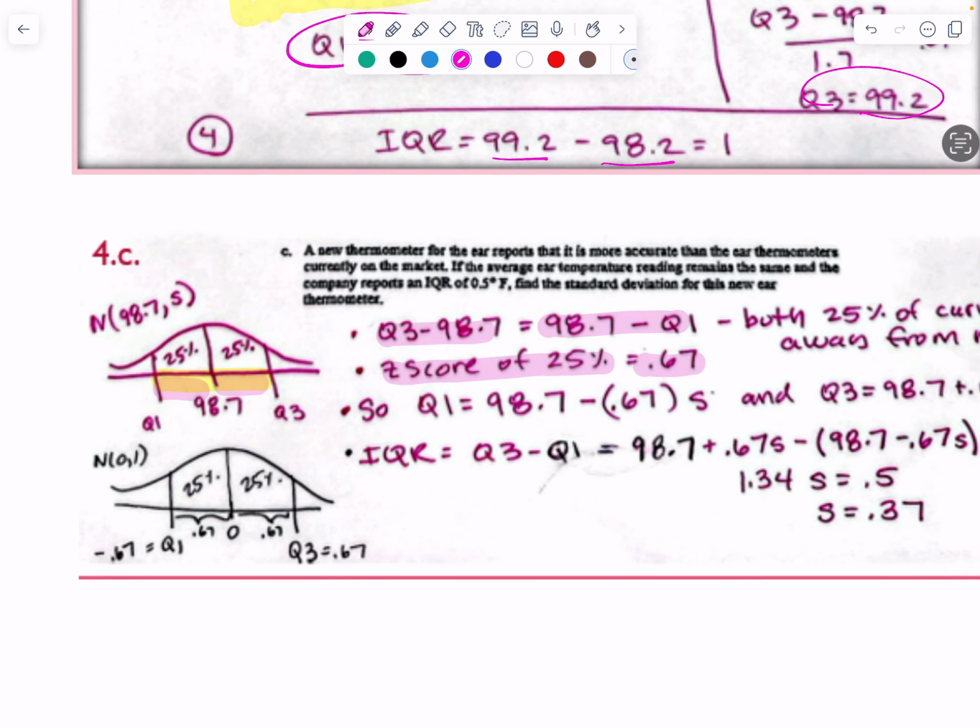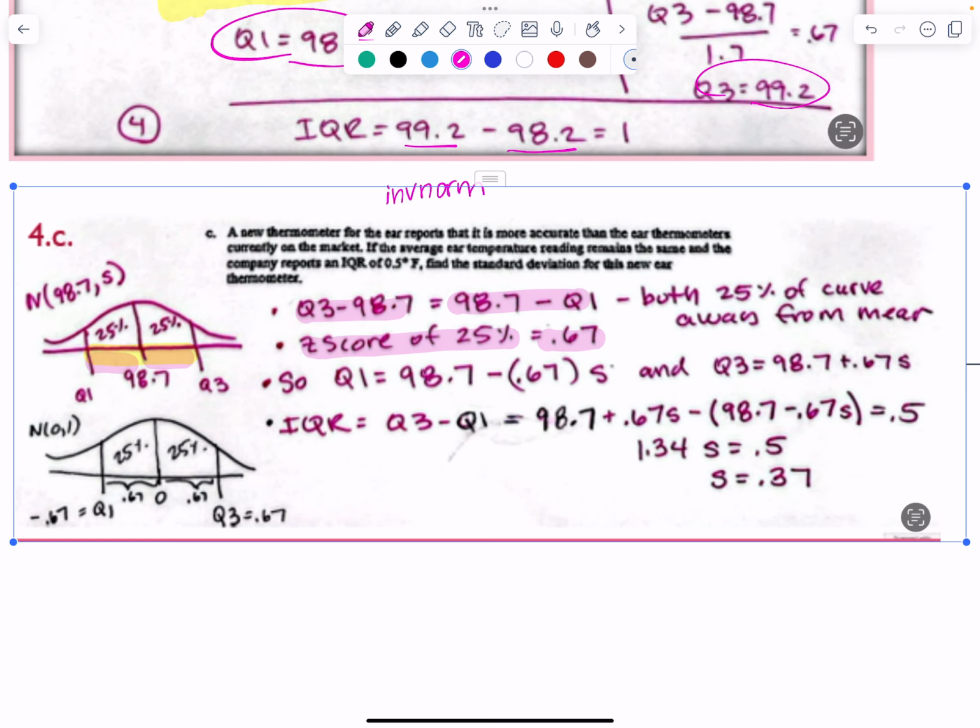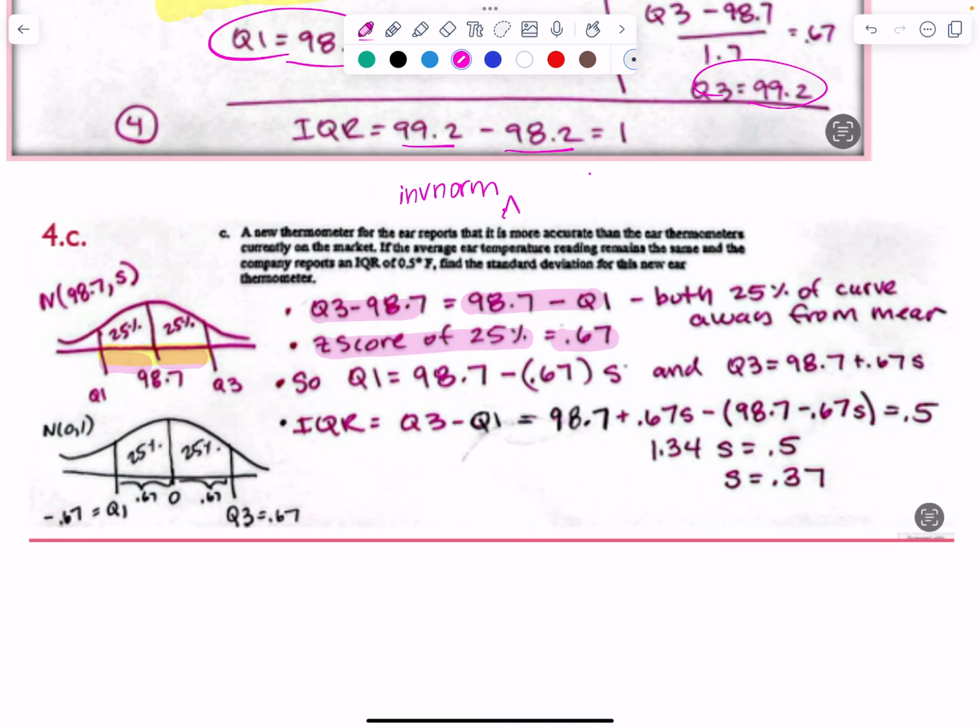Of course, if you need to find that, you would do inverse norm, area 0.25, mean 0, standard deviation 1, and that's going to get you negative 0.67. If you find the 75% one, where the area is 75%, you're going to get positive 0.67.